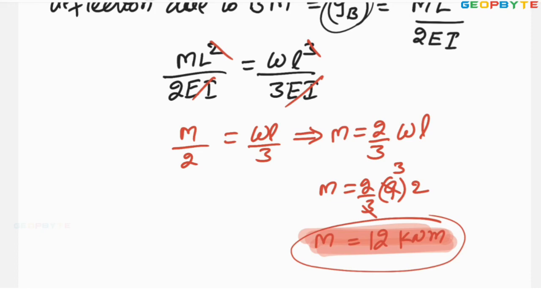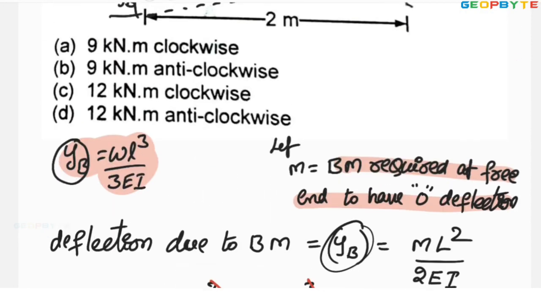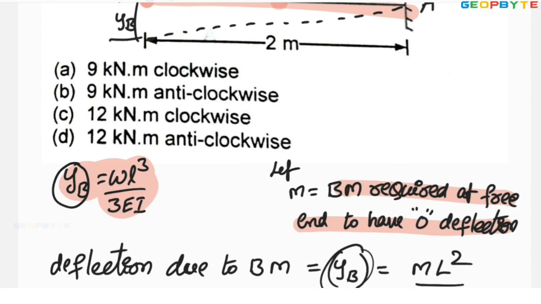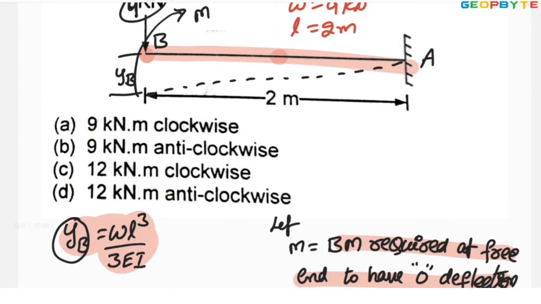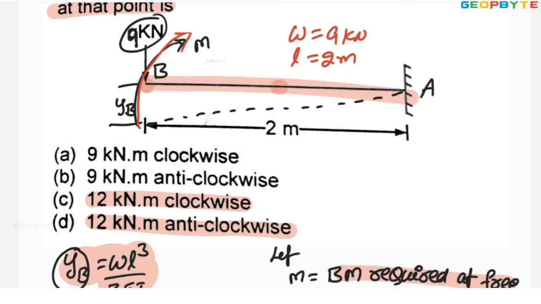Now let us go for the options. In which direction is the 12 kilonewton meter? Options are 12 kilonewton meter clockwise, 12 kilonewton meter anti-clockwise. Look at the direction of bending moment required. The direction of the bending moment required is in the clockwise direction.